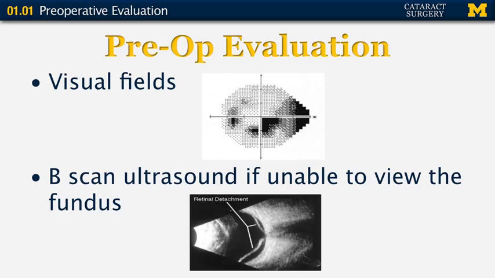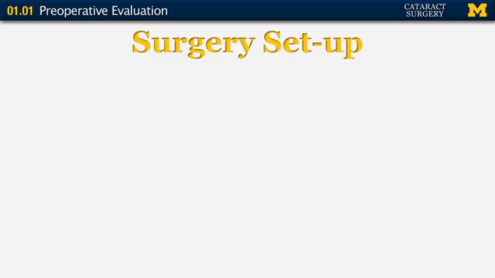If there is a visual field defect encroaching on the macula, this could affect the outcome. It would also be important in anybody with a history of stroke or neurologic problems. If there is a mature cataract and there is no view of the fundus, a B-scan ultrasound would be important, looking for any pathology such as a melanoma or a retinal detachment.